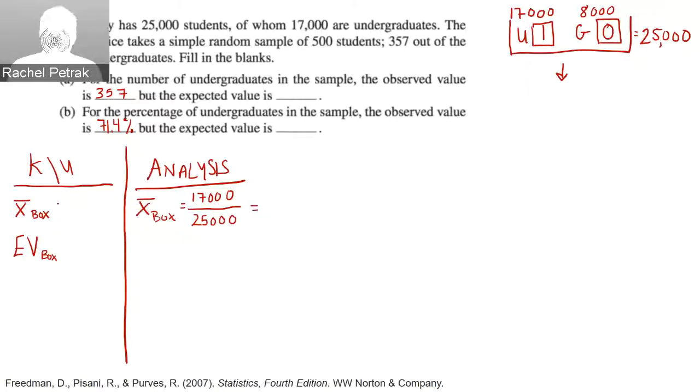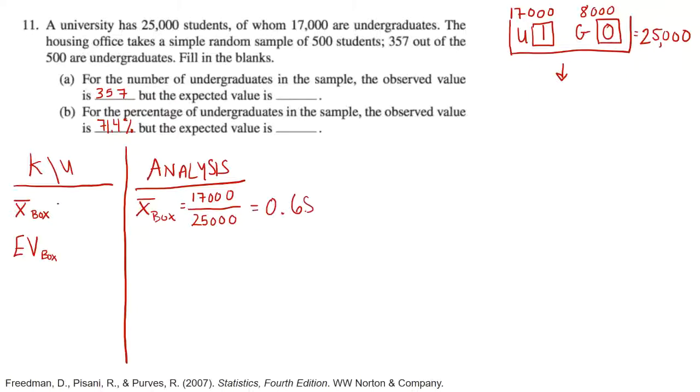So the mean for the box is equal to the fractional representation of the ones, or 0.68.